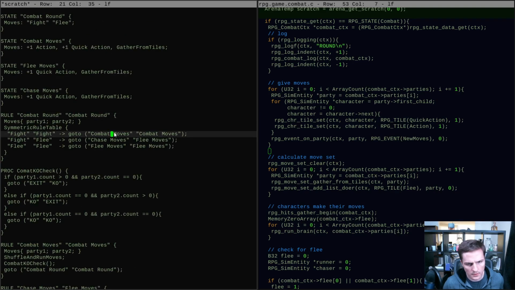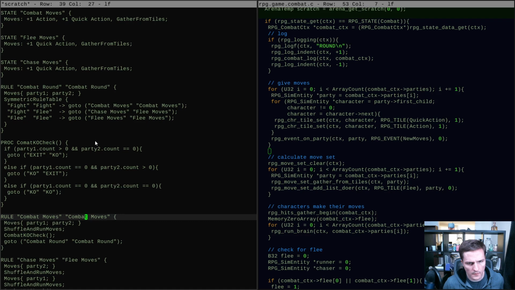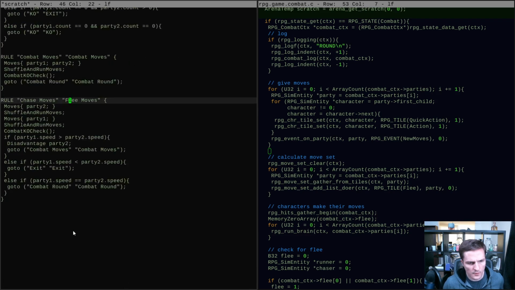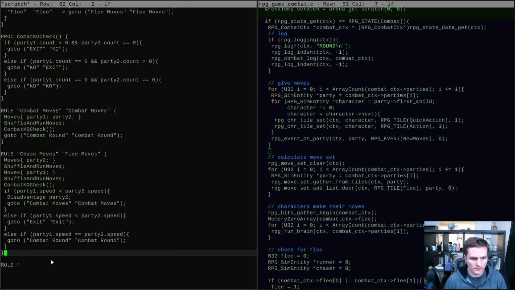Combat round, you can transition to combat moves, flee moves, and then we need a rule for flee moves.